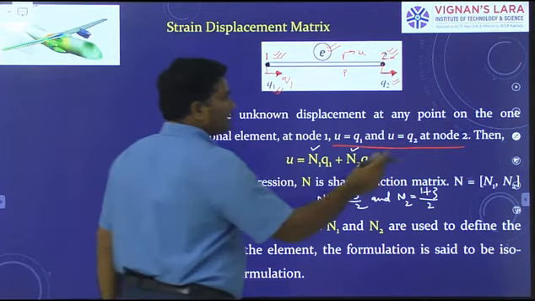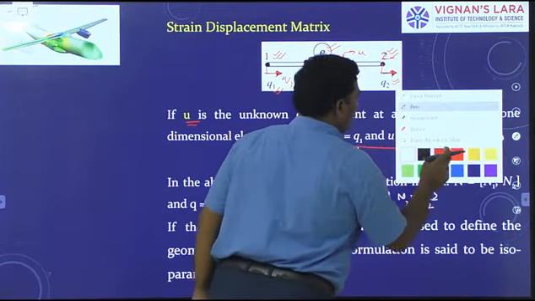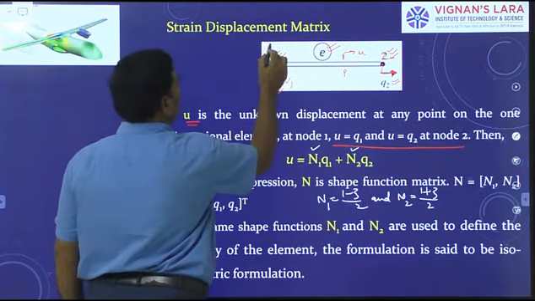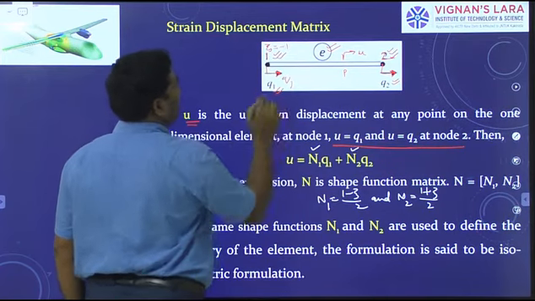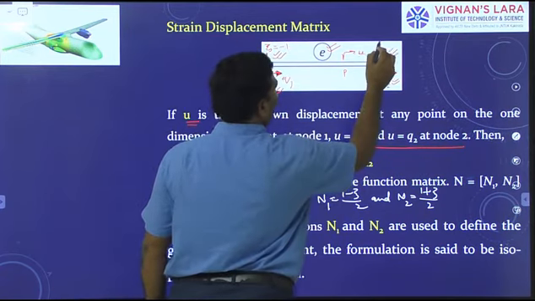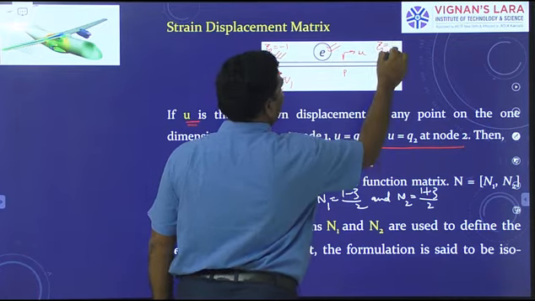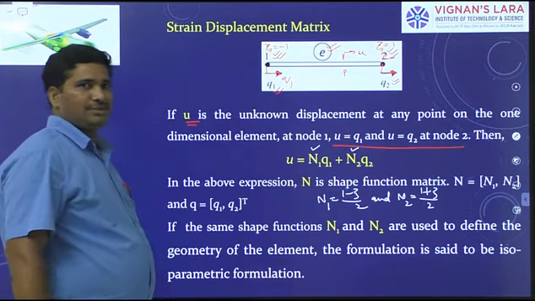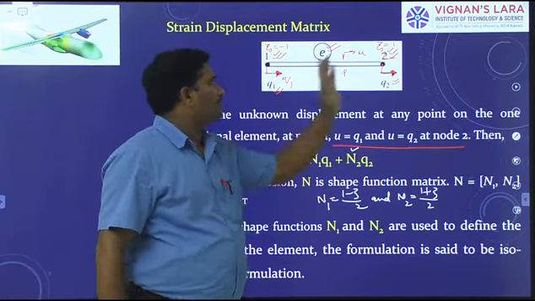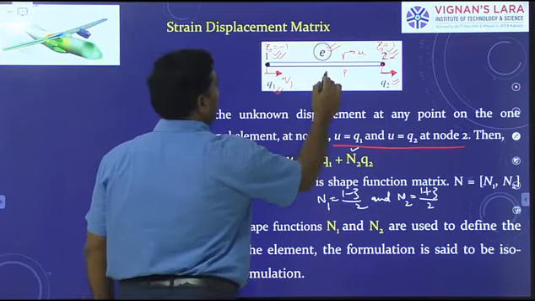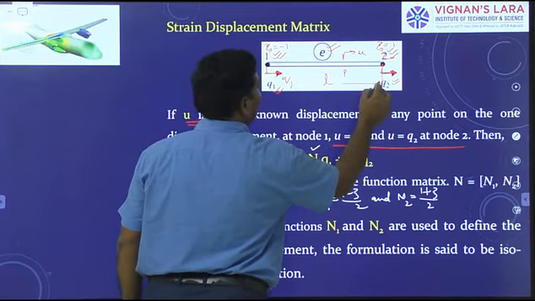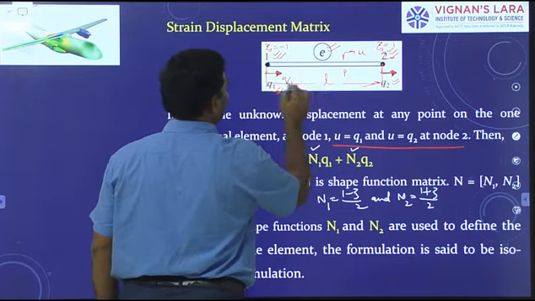The value of J equals minus 1 at node 1 and plus 1 at node 2. As J varies from minus 1 to plus 1, the length of the element is covered. Understand?